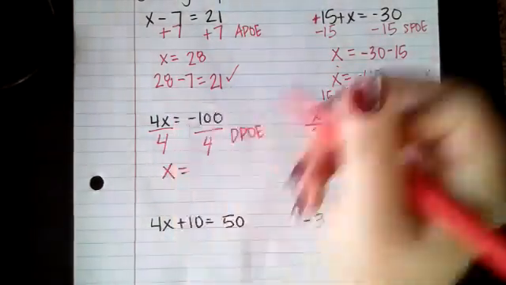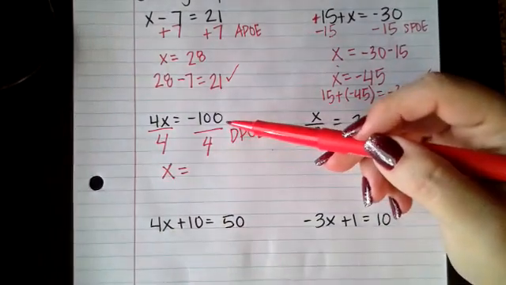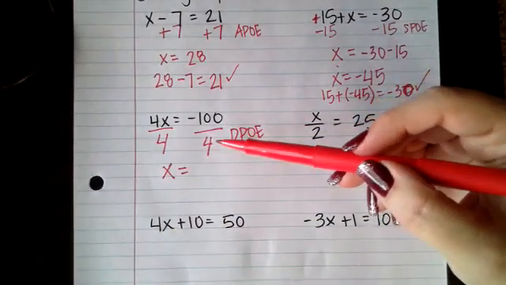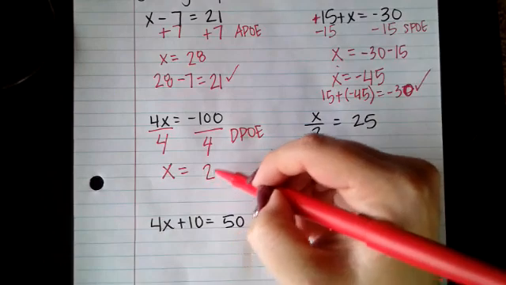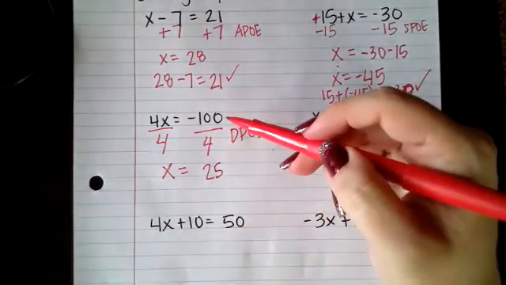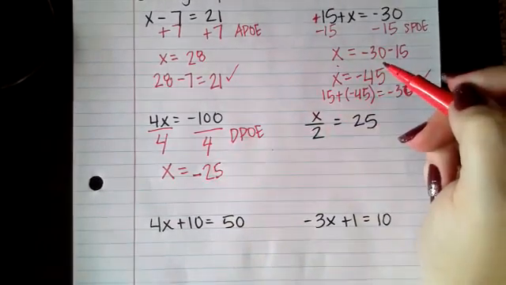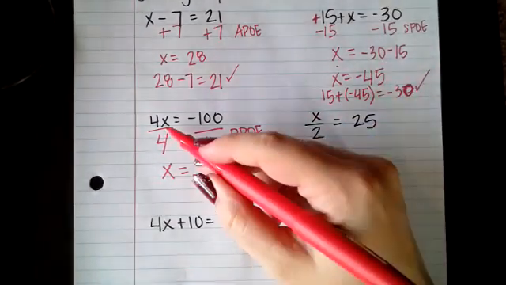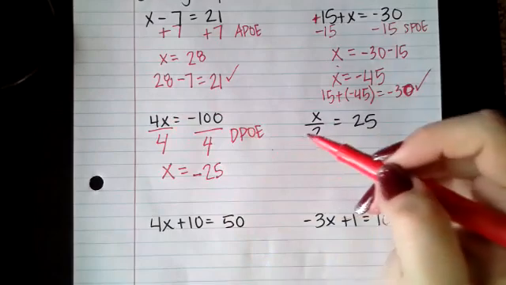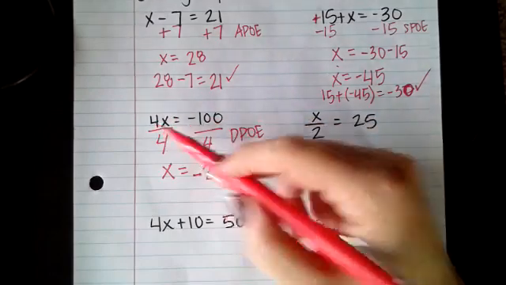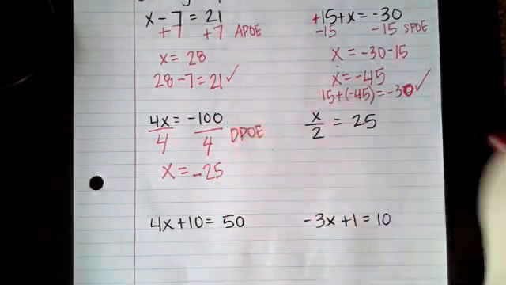So x is going to be equivalent to negative 100 divided by 4. 4 goes into 100 25 times, and since it is a negative divided by a positive, our answer is negative 25. I could go back in, plug in negative 25 and see that 4 times negative 25 gets me negative 100.